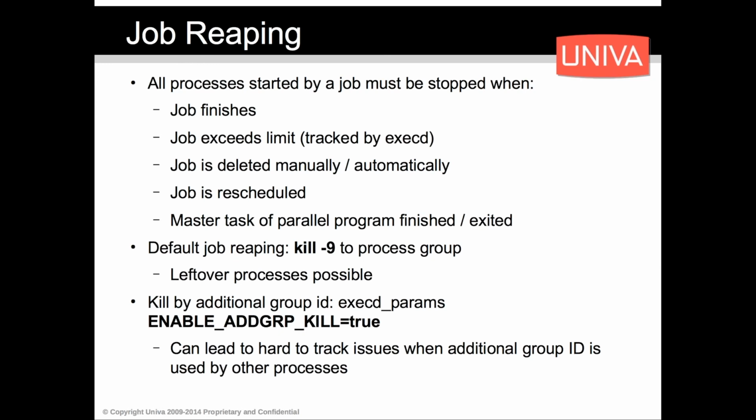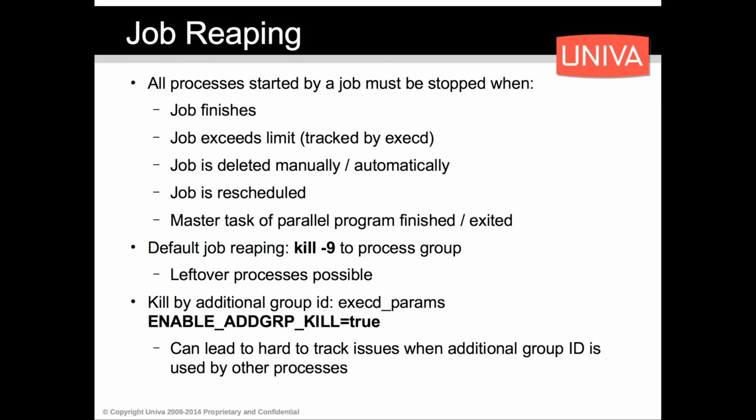That means all child processes of the job have the same additional group ID. Now, when the execution daemon wants to reap a job, it does not send a signal to the process group. It goes through the proc file system and looks for processes which have this additional group ID set.